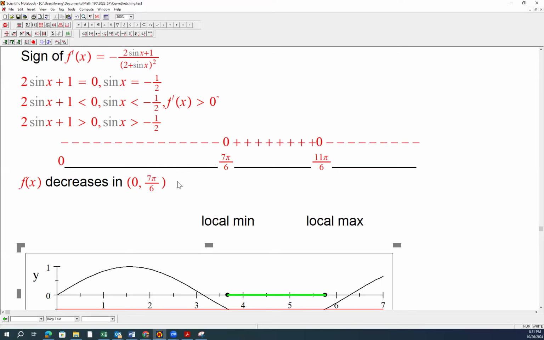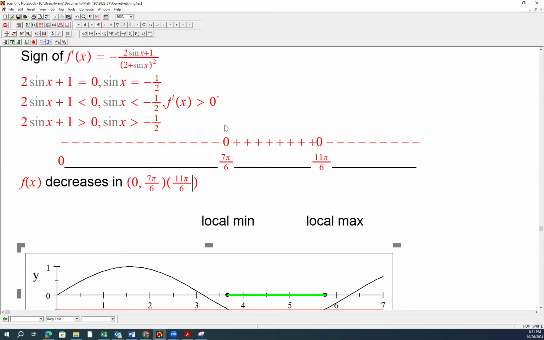And it also decreases in the other interval from 11 pi over 6 to 2 pi, for example, or to the next one. This will be 11 pi over 6. If we add 7 pi over 6 with 2 pi, but if we only look at the interval from 0 to 2 pi, of course, it's much smaller.